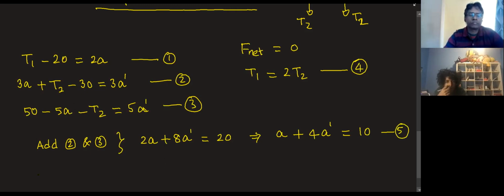Then we have the information that T1 is 2T2, so I can substitute that in the first equation.